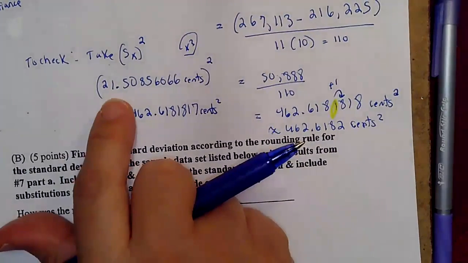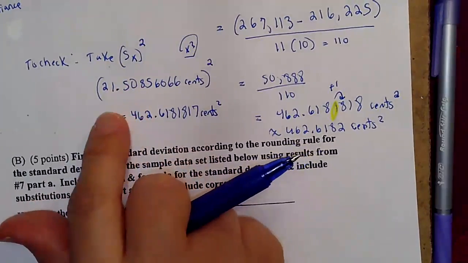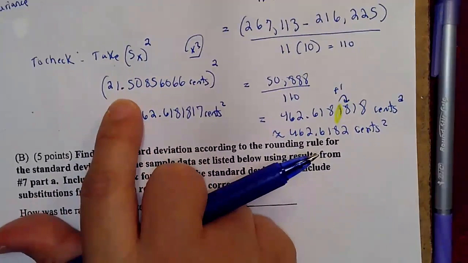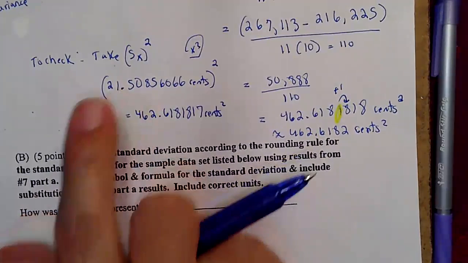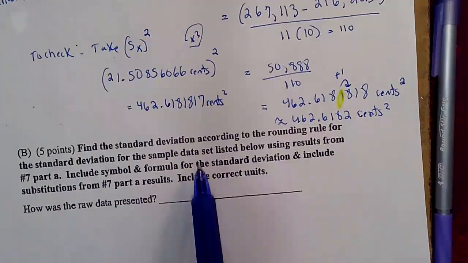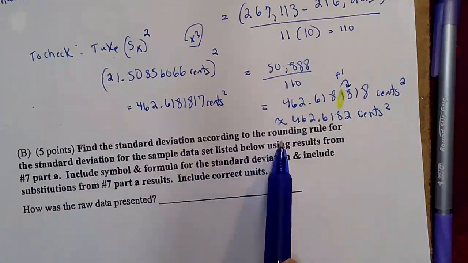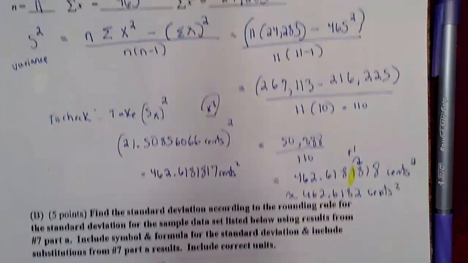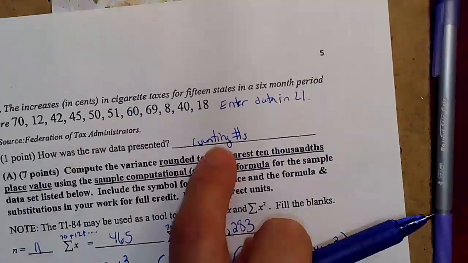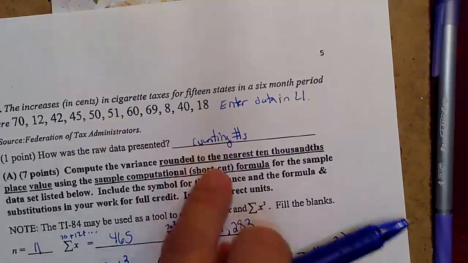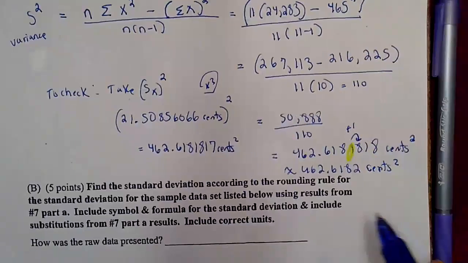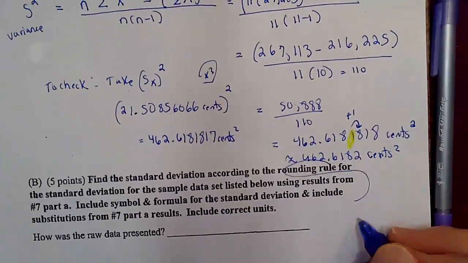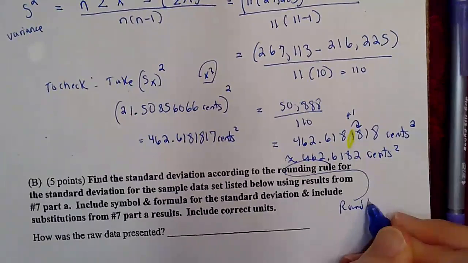You saw me pull that up, S of X. That was the standard deviation, so we should get something pretty similar to that. Find standard deviation according to the rounding rule. The rounding rule says one decimal place beyond how the data is given. The data is given as counting numbers, so you're going to want to round to the tenths place.